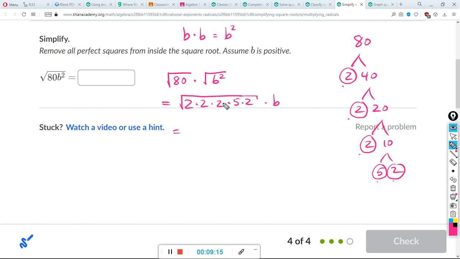So factoring out of this square root, we have 2 times 2, that's a 2, and again we have 2 times 2, so it's times 2 again. We have b outside of the square root, so it's times b. And the only thing left over under the square root is the 5. So 2 times 2 is 4, times b, radical 5. 4b radical 5.